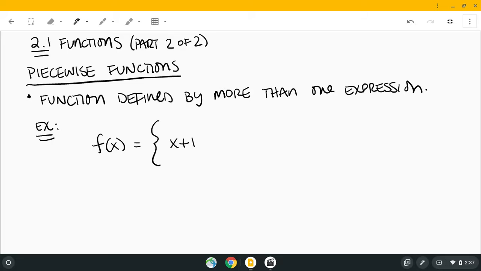Maybe this function is fine for x values that are between 0 and 2, but for x less than 0, I need this function.